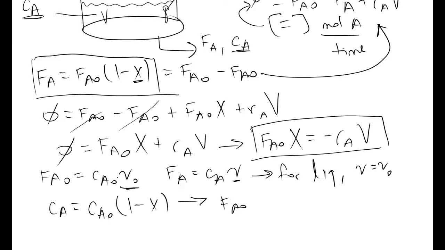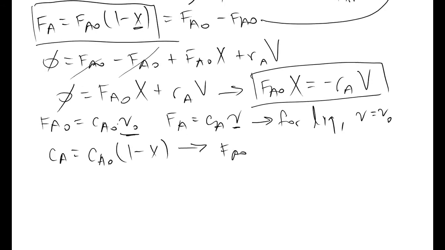So expanding the definition of FA naught tells us that FA naught times X must be equal to CA naught times V naught times X, and this is equal to minus RA times V.